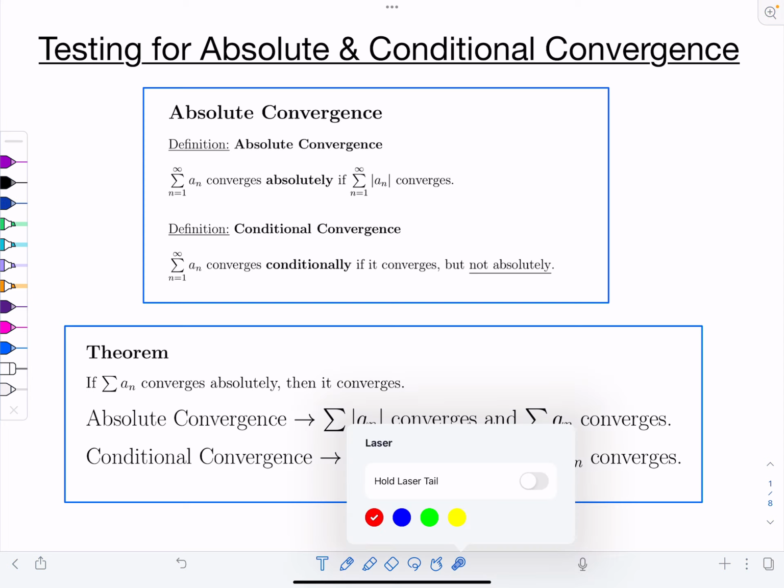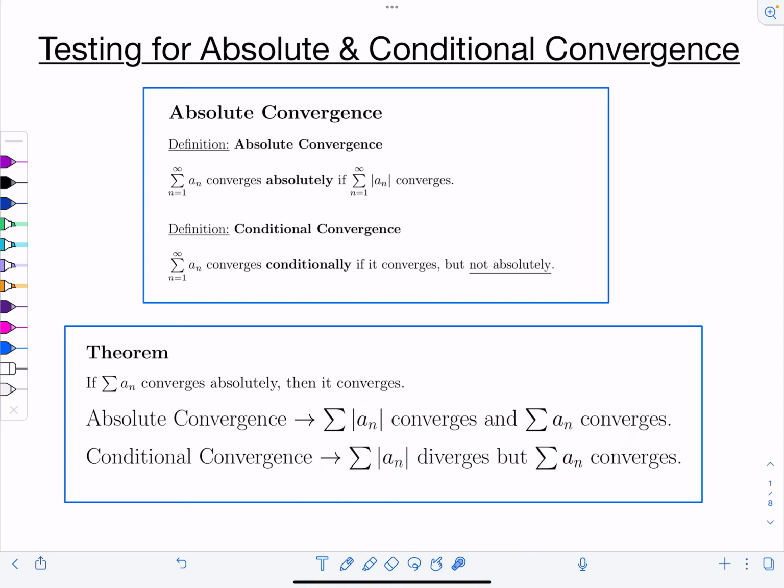Okay, so what is absolute convergence? Basically, when you have an infinite series and you take the absolute value of all the terms, if that new series converges, then we say your series converges absolutely. Conditional convergence is if the original series that you have converges as is, but when you take the absolute value of the terms, then that new series does not converge.